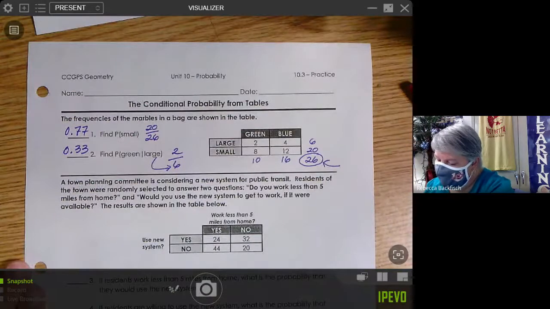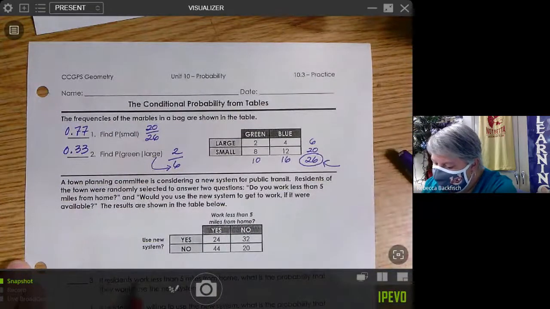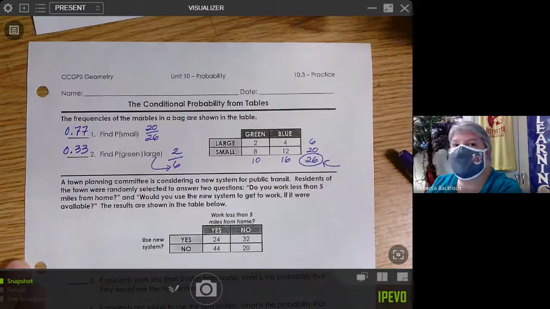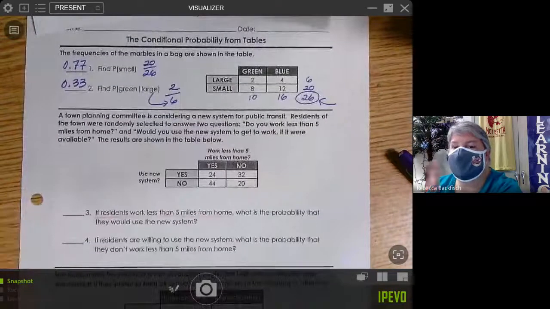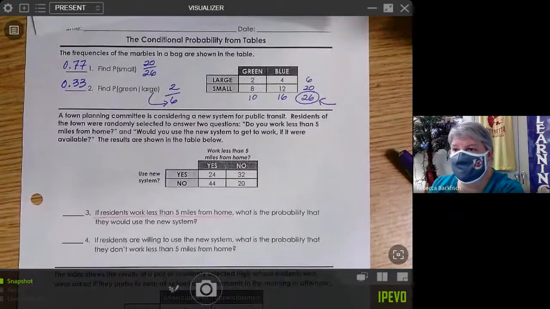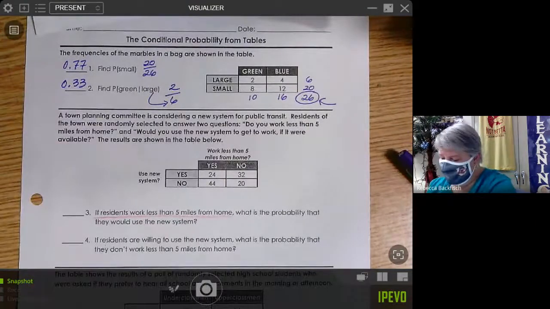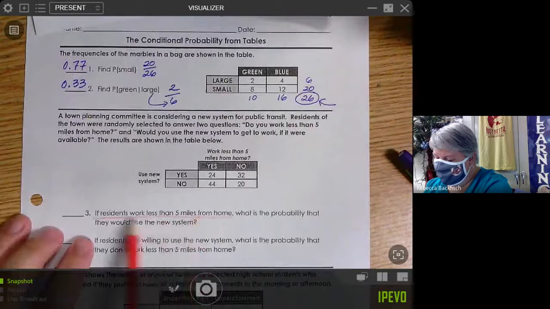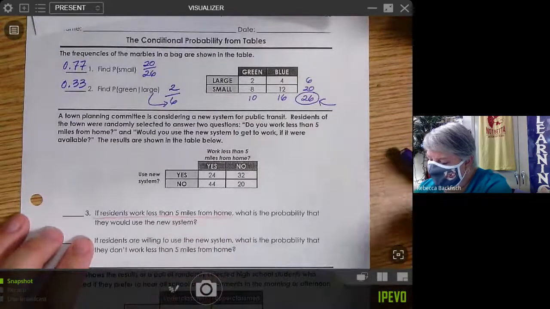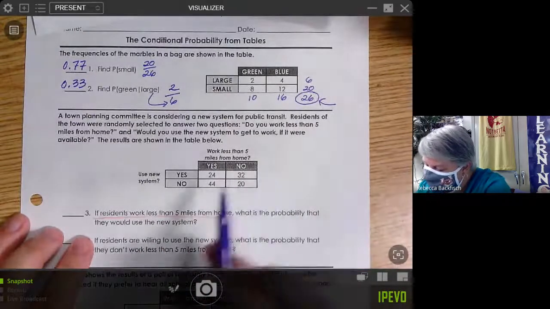Okay, if residents work less than 5 miles from home, what that does right there is narrow down my sample space. That says I'm only worried about the people who work less than 5 miles from home, so I'm not doing a total of the whole table. I'm doing a row or a column total depending on which one shows residents less than 5 miles from home. I do need to go ahead and do some totals here though.